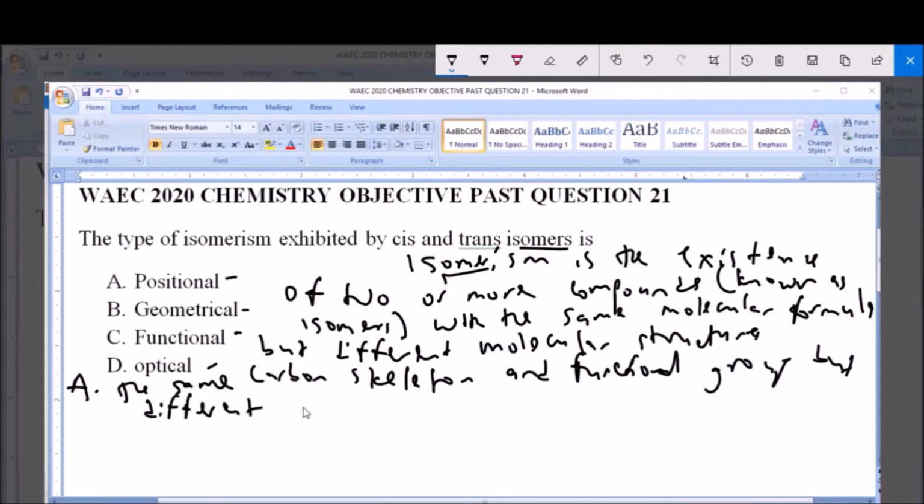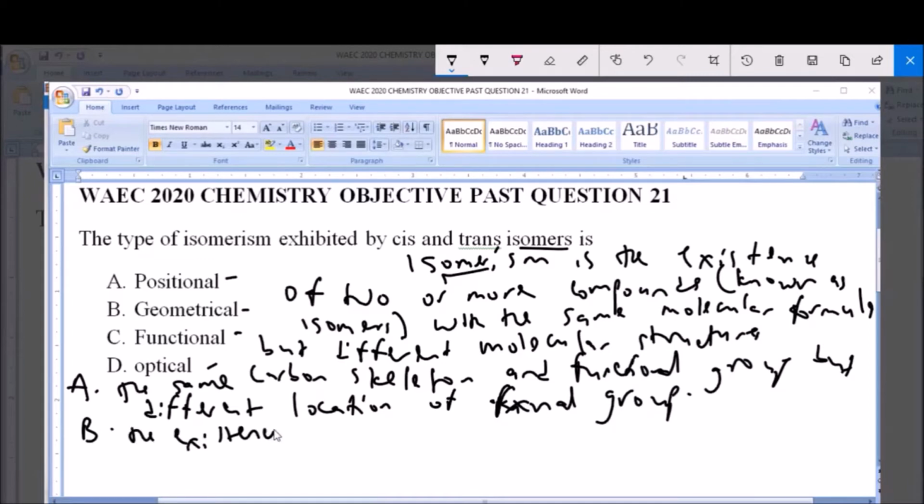So different location of functional group.